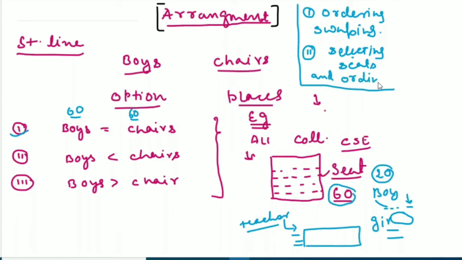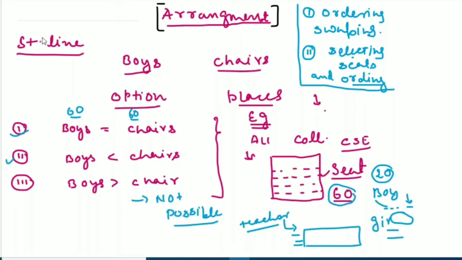So the second scenario will involve swapping as well as ordering. But in the actual mathematics scenario, this is not at all possible whenever boys are greater than chairs. In that case, we cannot arrange each and every boy. So we say that this arrangement is not possible.